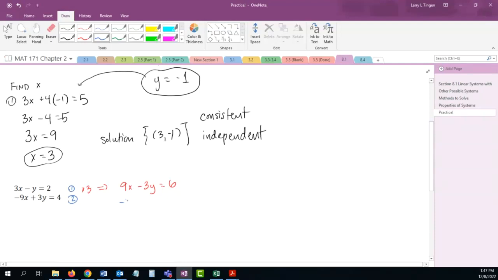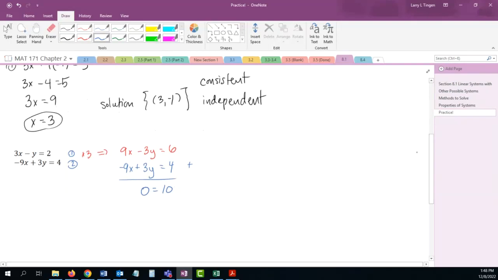Equation 2 is exactly the same, plus 3y as it was, equals 4. And so my goal is to get rid of the y's. And that worked. -3y plus 3y is 0. But when I do that, 9x plus negative 9x is 0 also. So I end up with 0 equals 10.